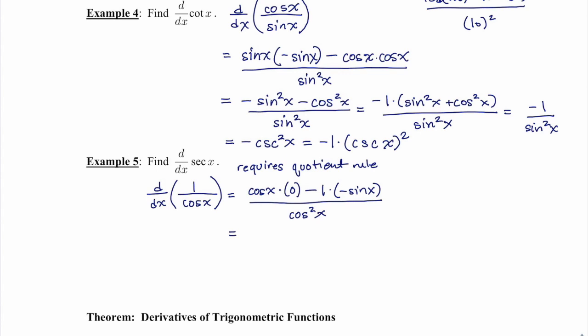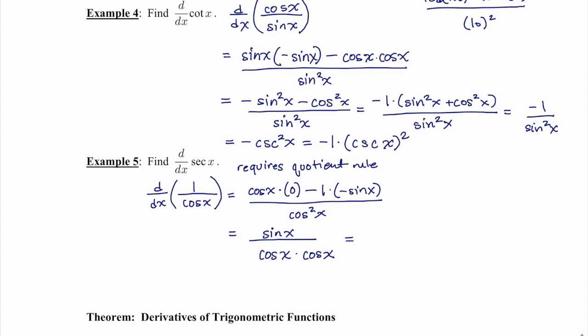So let's simplify this so we can have a nicer formula for it. Let's see, so we have 0 when we multiply those two factors together, and then plus sine of x. So I'm just going to write this as sine of x over cosine of x squared. And just because it'll help us see how we can rewrite this, I'm going to write cosine of x squared as cosine of x times cosine of x.